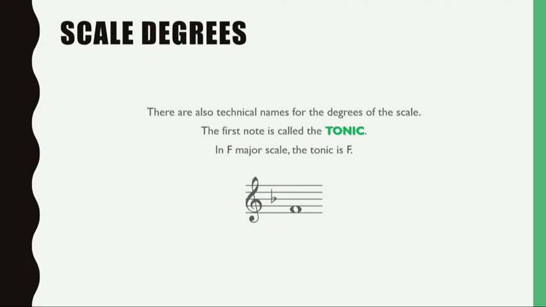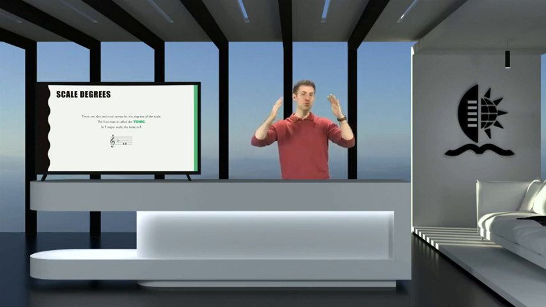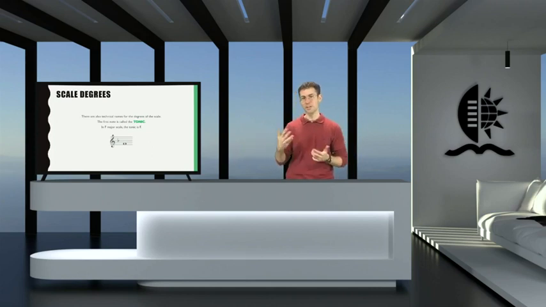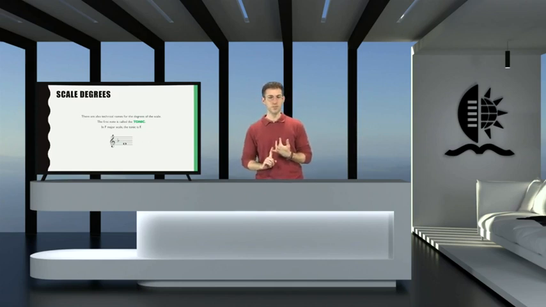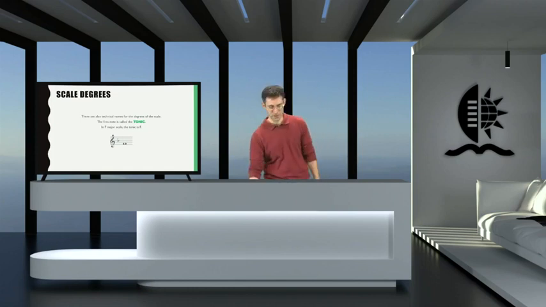The name tonic solfa means that you're working with the first note of a scale, and in this case, the tonic is F. Tonic solfa is a movable do system, which is why it's called tonic solfa. Tonic means first note. If we went to a different scale, let's say C scale, the tonic would be C. If we looked at A flat, the tonic would be A flat. It's the first note.